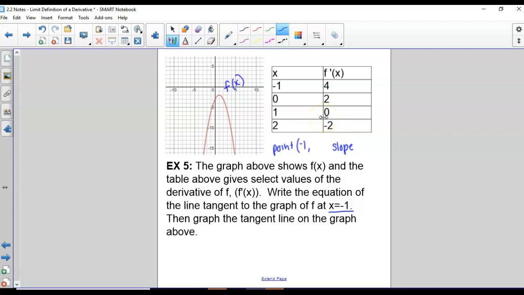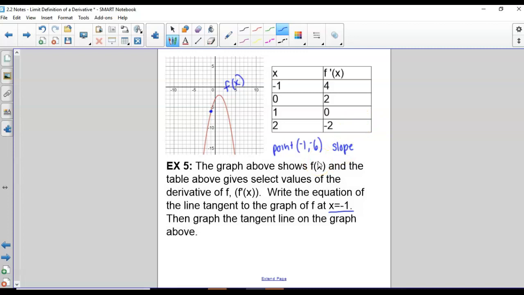So to find the point, I need to look at the graph. All right? And so if I look at -1 on the graph, what is the y value that goes with that? I think it's -6. It's a little small. I think it's -6.